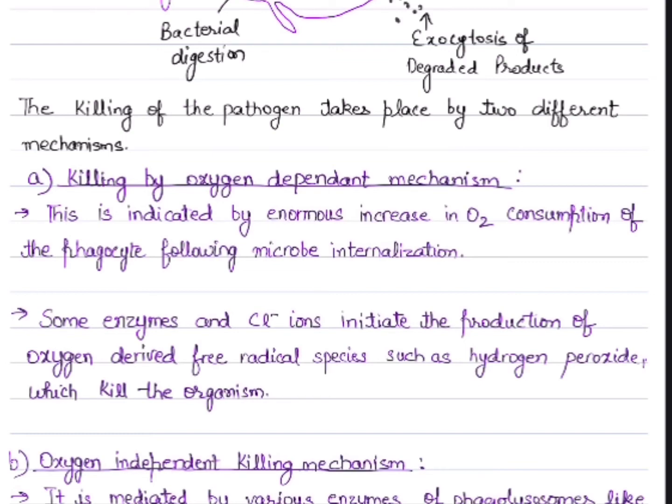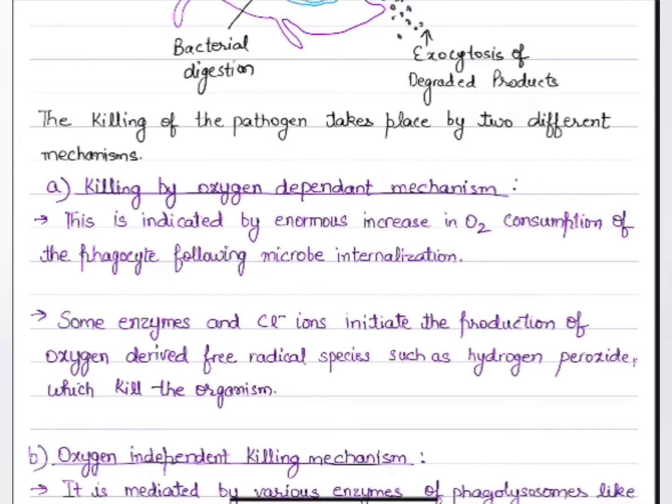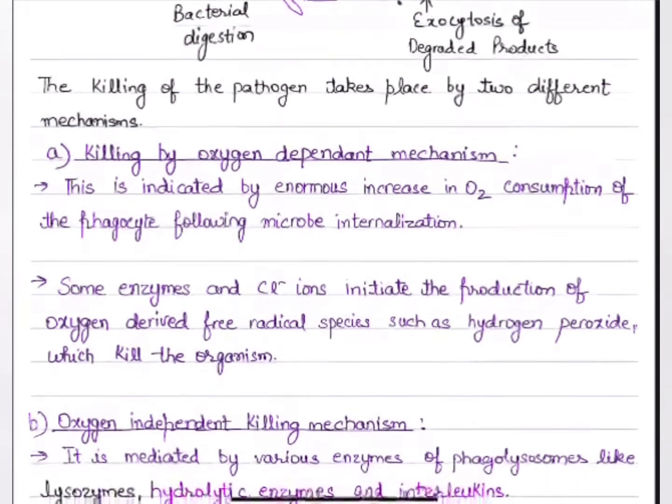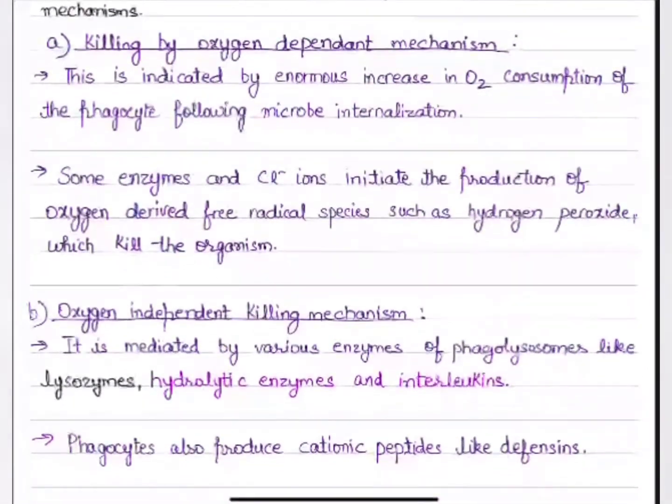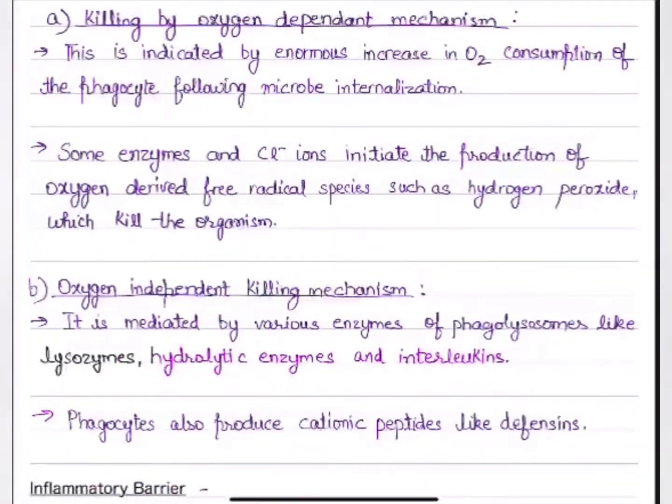Enzymes like myeloperoxidase and chloride ions initiate the production of oxygen derived free radical species such as hydrogen peroxide, hydroxyl radicals, superoxide ions, etc., which kill the organism.